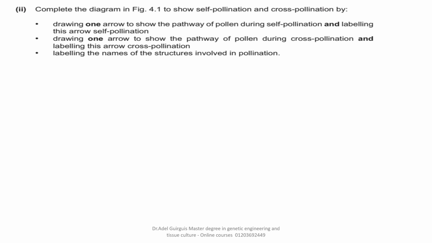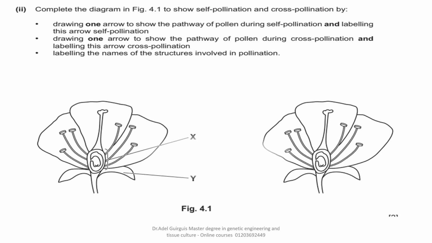Labeling the names of the structures involved in pollination. Look at the structures: two flowers of the same species, here label X and Y, and also the pollen, first, second, third.